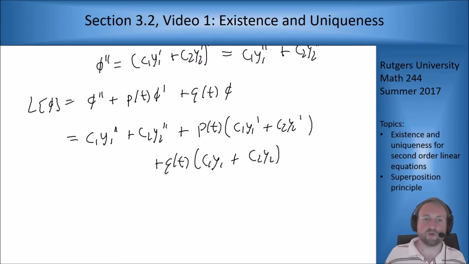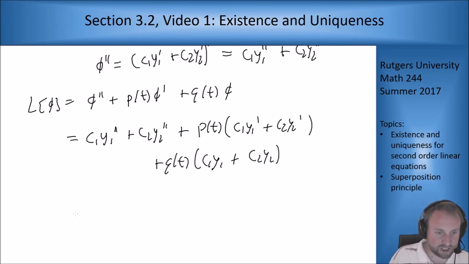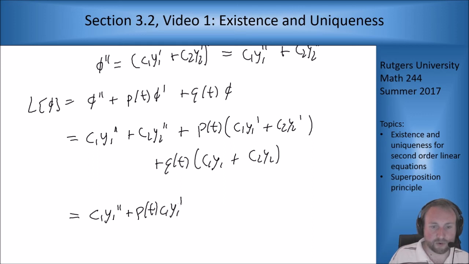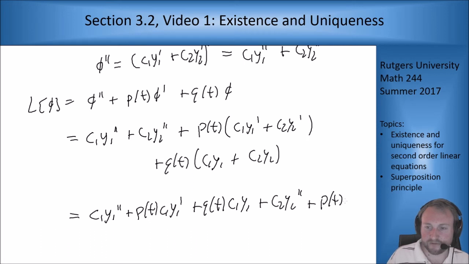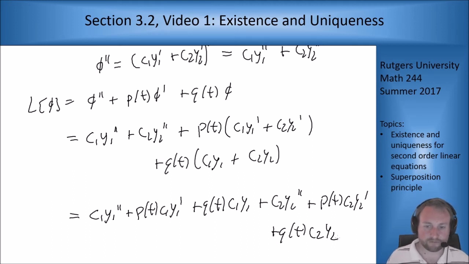And now what I want to do is group all of the y1s together and all of the y2s together. So I'm going to see a C1y1 double prime plus a p of t C1y1 prime plus a q of t C1y1 plus a C2y2 double prime plus a p of t C2y2 prime plus a q of t C2y2.